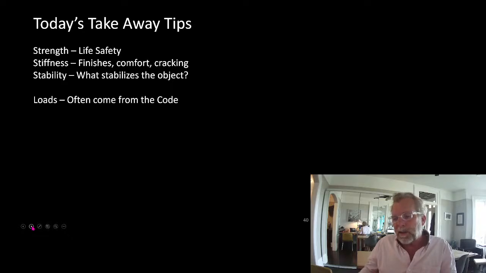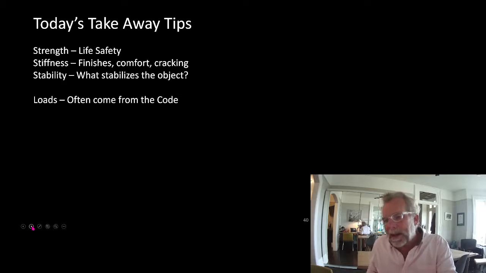Strength failure generally is associated with life safety. We say life safety, it makes it sound very dramatic. Often it's not actually life safety, it is the risk of damage that will require repair and cost money. That's what we're trying to control with strength, even if it's a perfectly safe condition.